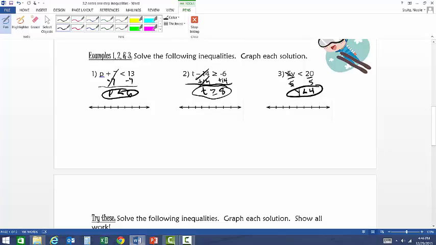Now when we go to graph these, because you're going to have to be able to construct your own number lines, what I always do is I take my number answer and I put it in the middle. And if you'd like, you can put a number on either side of it. It's not necessarily required. And when I graph this, it's an open circle because there's no underline, and it goes to the left.